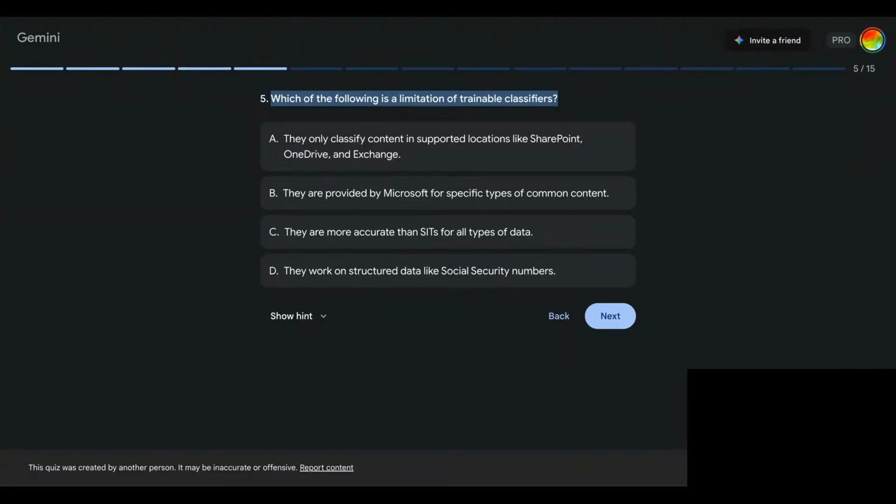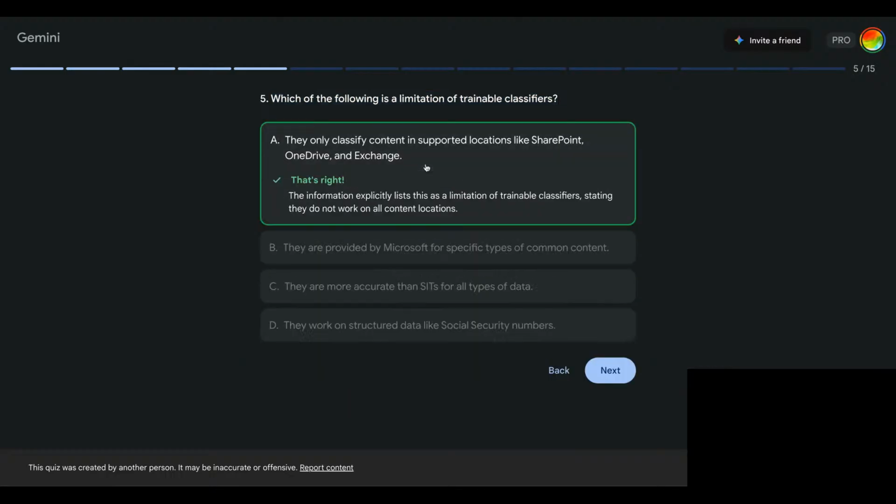So what's the limitation of a trainable classifier on Microsoft? It's limited to, let me give you a hint. Sharon, you are correct. It's limited to the Microsoft ecosystem. SharePoint, OneDrive, Exchange, and all of it.